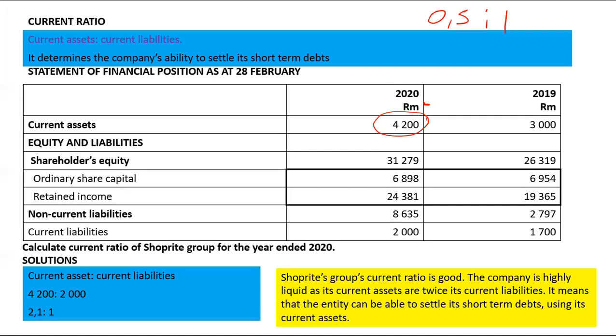And what makes it worse is that your current assets are just half of current liabilities. So that is bad. Meaning that they have more current liabilities than they have current assets, and that is not good. And the liquidity of this business is not looking good at all.